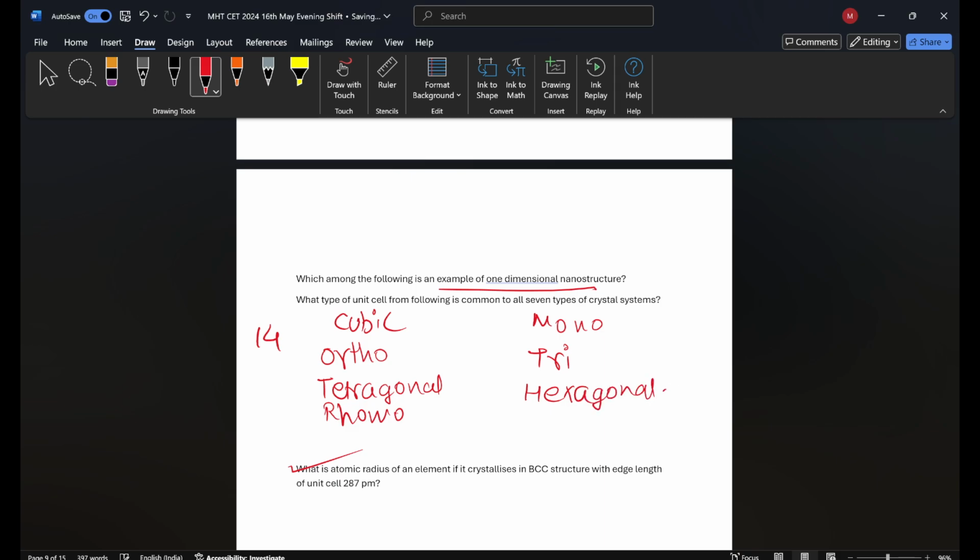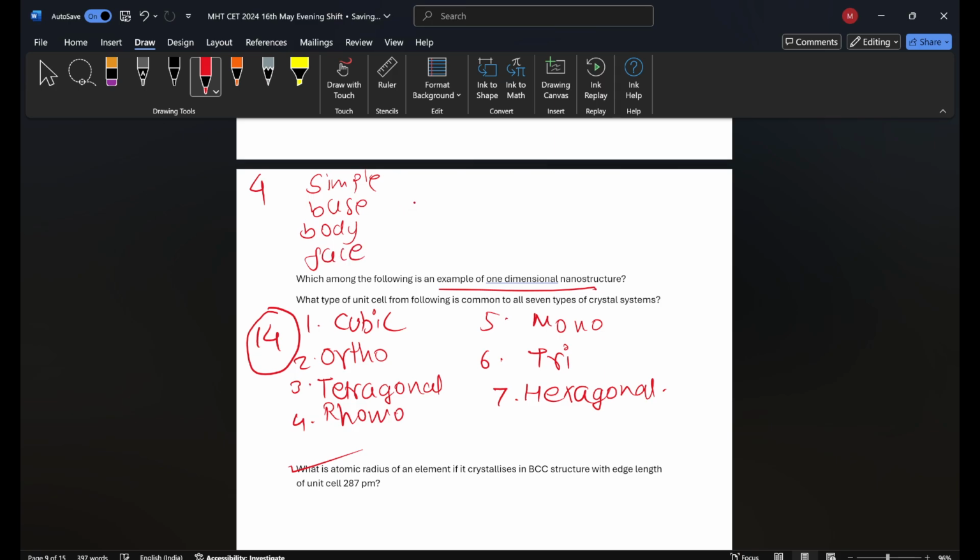Now the homework for you is: a total of 14 lattices are there and they are distributed among all of these. The question is, which among these has the largest number of lattices? I'll tell you the distribution. Among these 7, there is one crystal system which has all 4 lattice types: simple, base centered, body centered, and face centered.